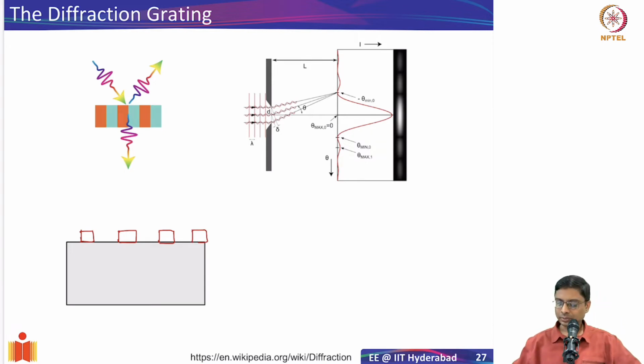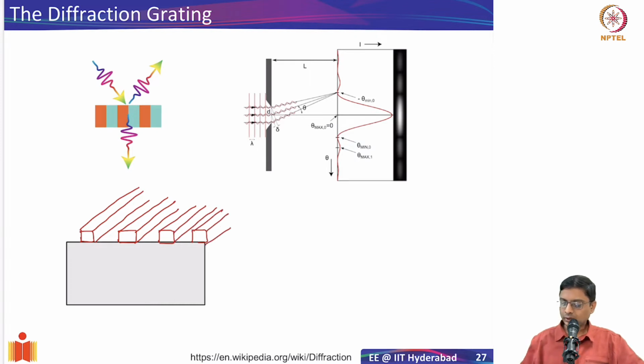It could be something like this, going infinitely in one direction, and so on. Just for example, this can be n equal to 1.5, and this could be gold. That's one possibility, gold, which is a metal, and then air. So this is known as a diffraction grating.